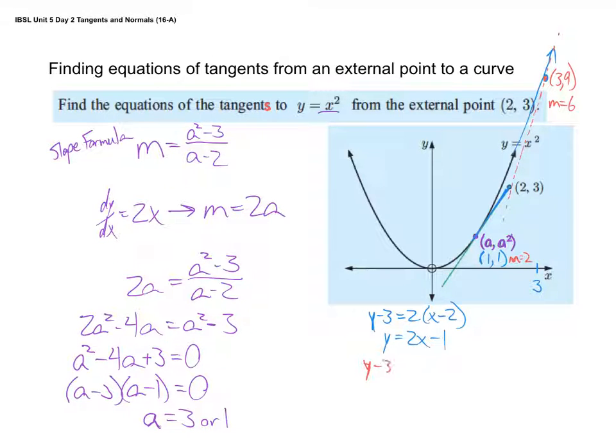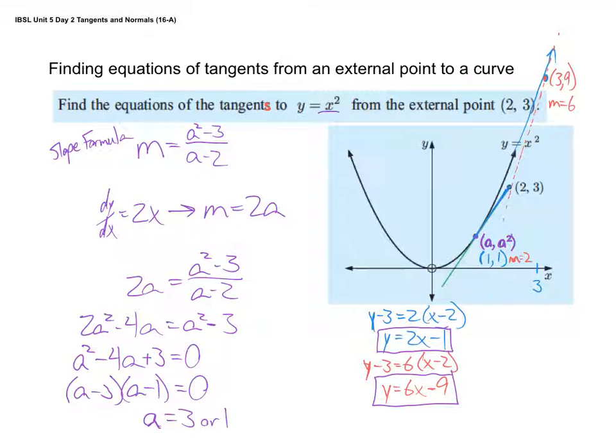So y minus 3 equals 6 times (x minus 2). I'd have y equals 6x minus 12 plus 3, which would be 6x minus 9. Okay? So those two right there are both tangent lines that would get us to hit that point.